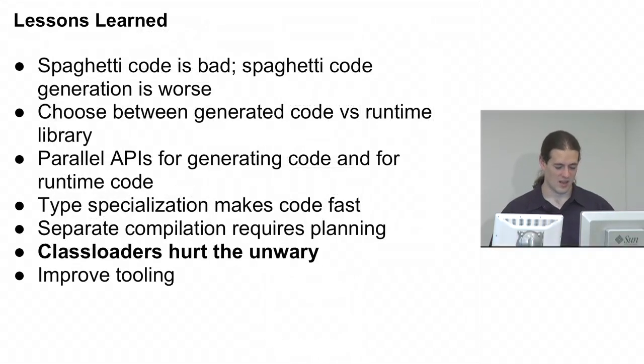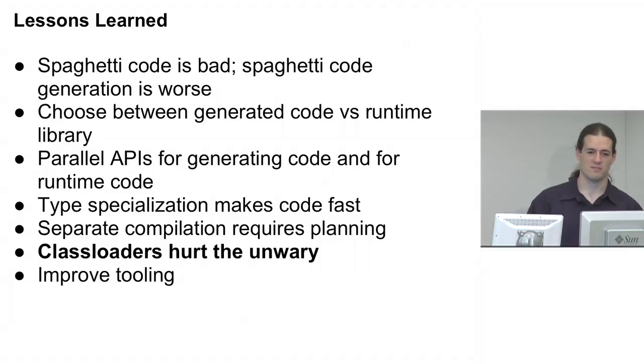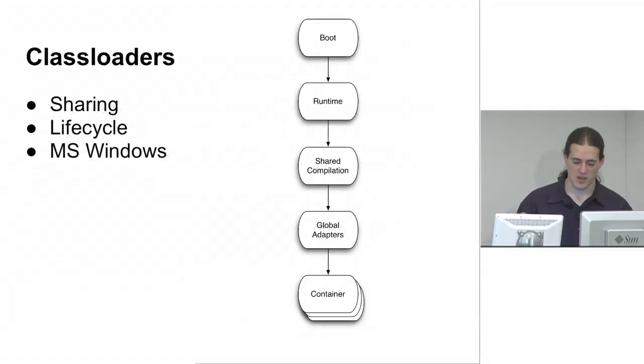So class loaders, yeah, they really do hurt. We've run into issues with them in the past. You want to share them, but it's important to get your hierarchy right in the beginning. The hierarchy we've ended up with, we allow in our server multiple containers, which are at the bottom here.